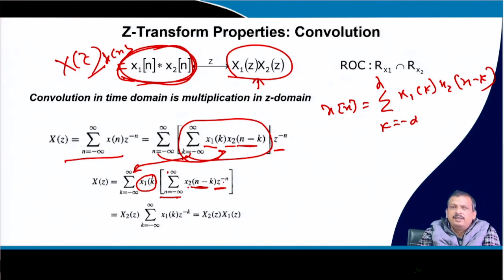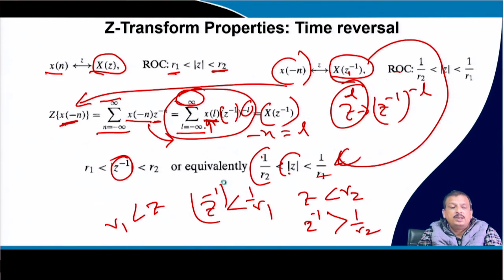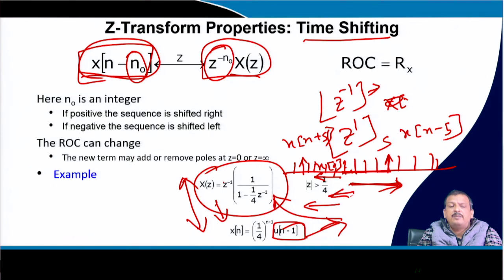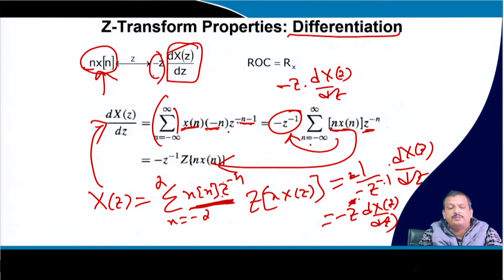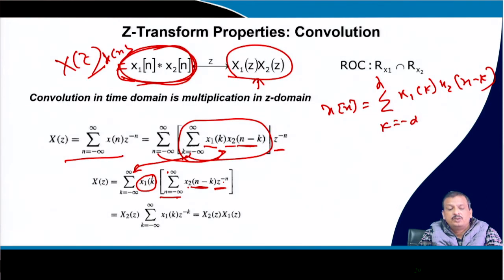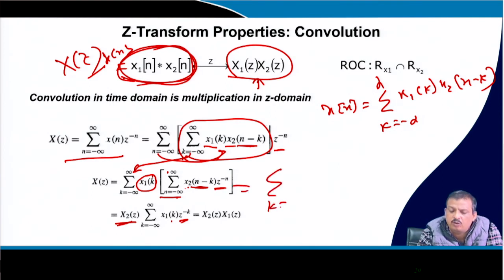What is that? It is nothing but time shifting: x of n minus n0 gives z to the power minus n0 times X of z. So here x2 of n minus k is nothing but X2 of z into z to the power minus k. So I can say the sum over k of x1 k into X2 of z into z to the power minus k.